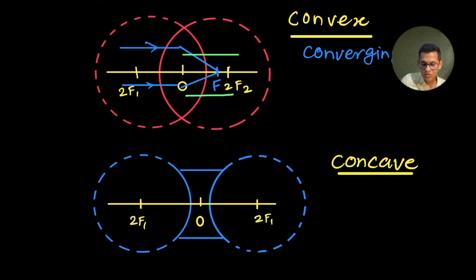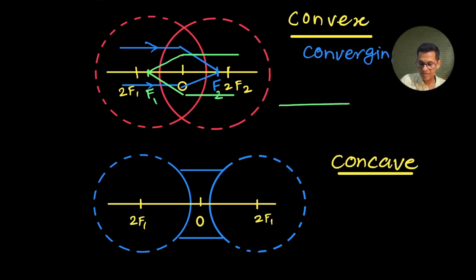And if I do so, I will get one more focus at a point where the light rays will converge or meet. So that means you've got two foci, and we can name them as F1 and F2.